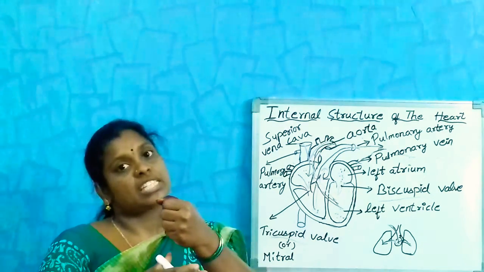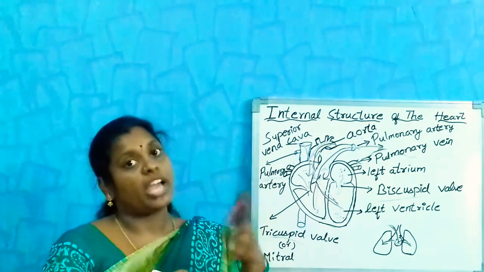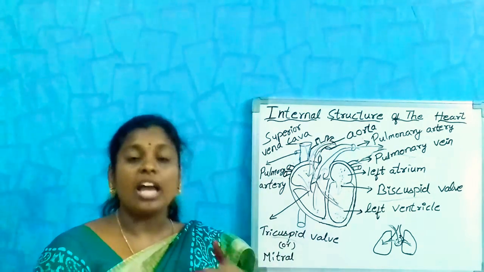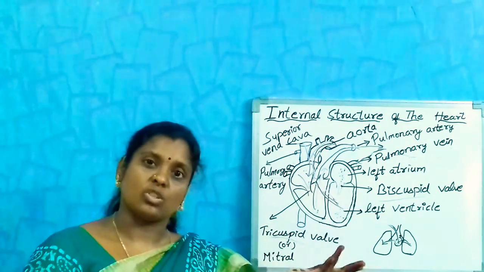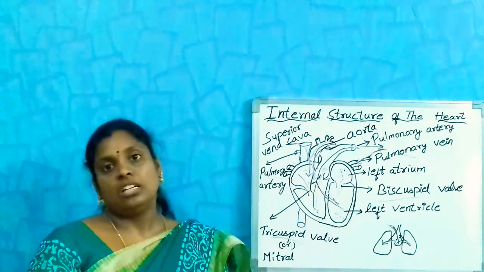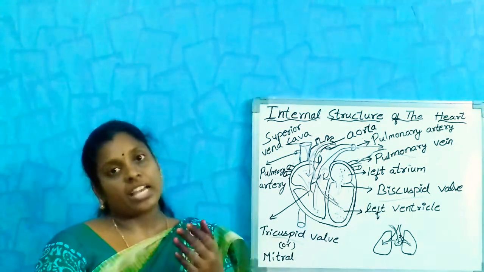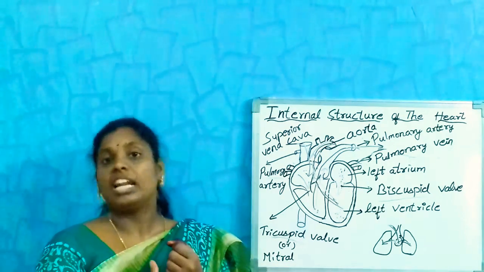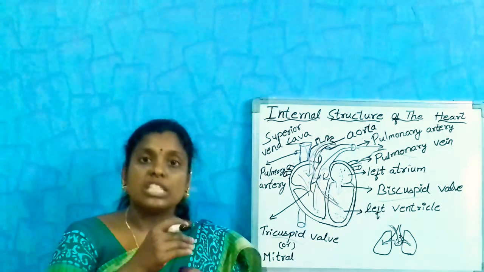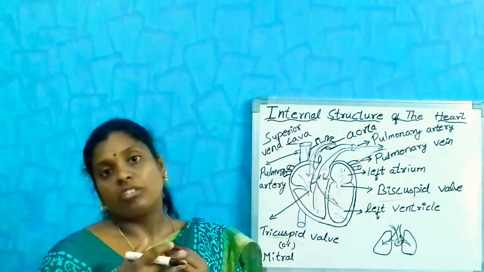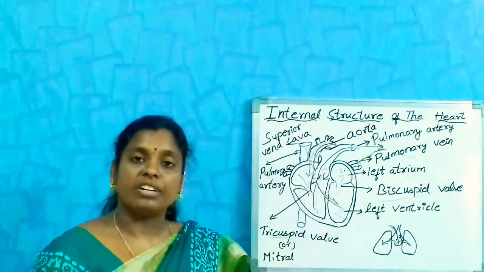And when the ventricles are contracted, the blood is pushed into either the pulmonary artery or the systemic aorta. If it is oxygenated, it reaches the systemic aorta. If it is deoxygenated, it reaches the pulmonary artery. And again, when the ventricles relax, the auricles contract. The system works continuously to push the blood throughout our body.